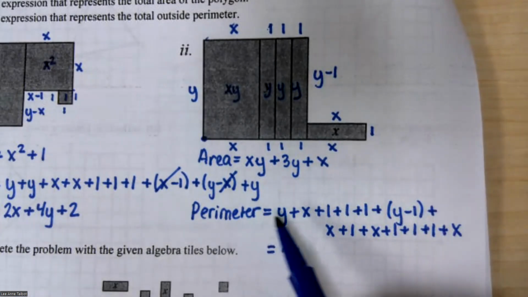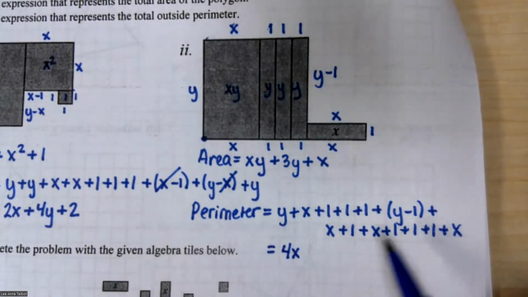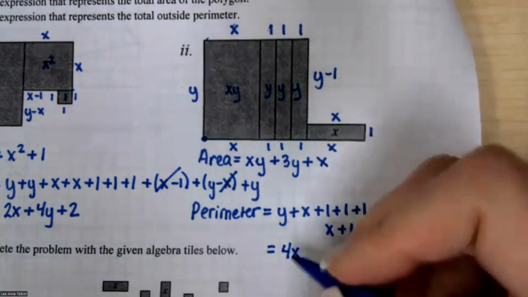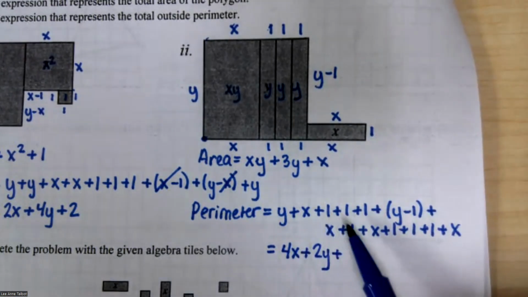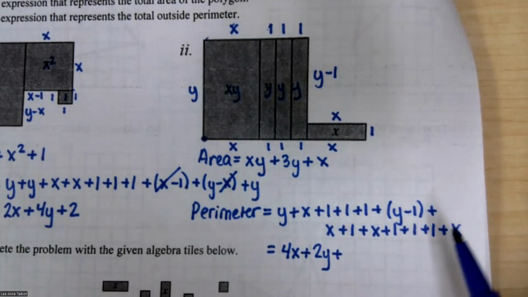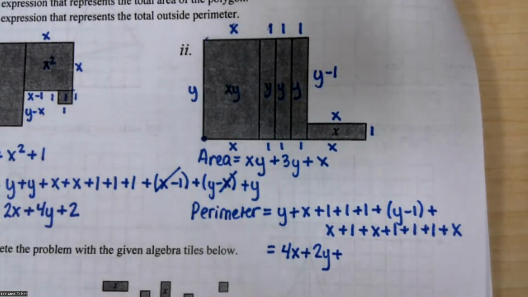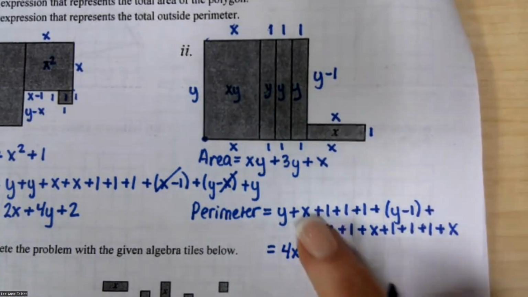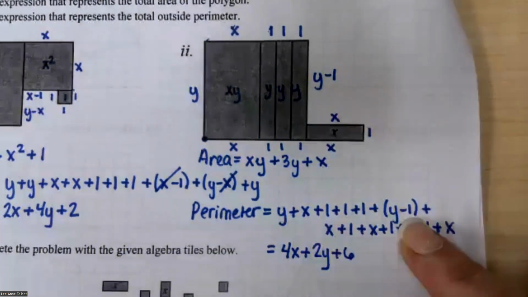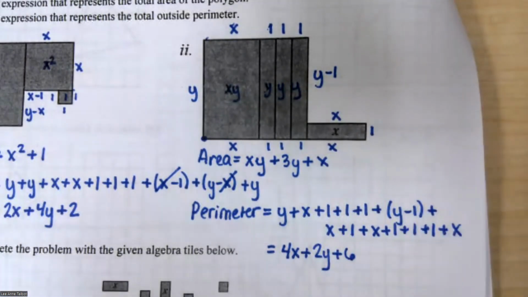You guys agree there's 4? Okay. How many y's are there? 2. Okay. And how many ones? And be careful. How many ones, guys? 6. So there's actually 7, but then subtract 1 makes 6.